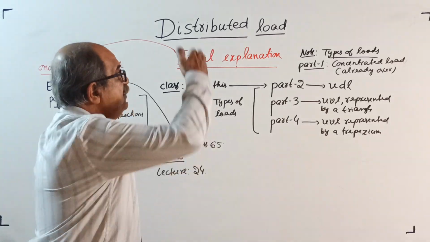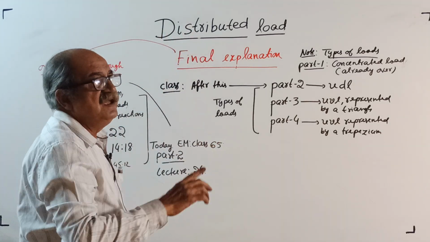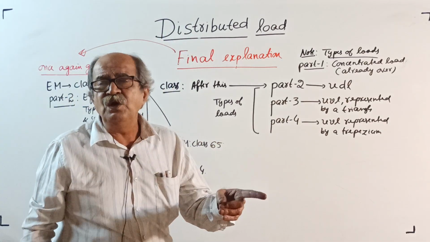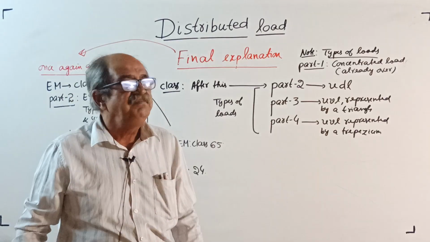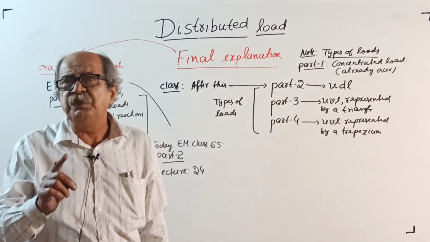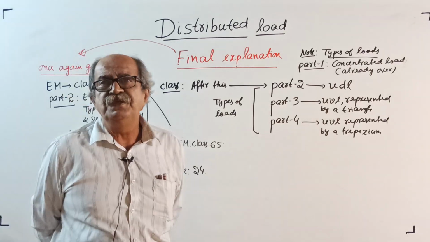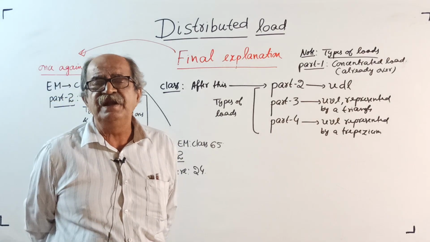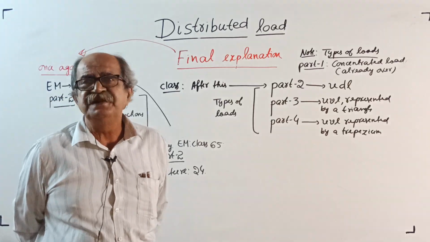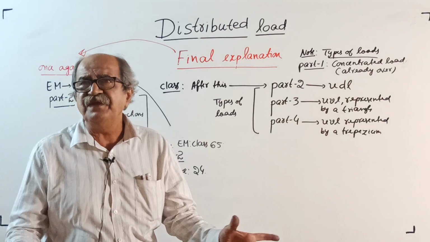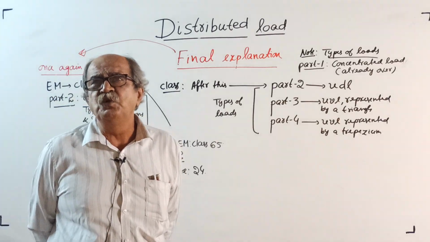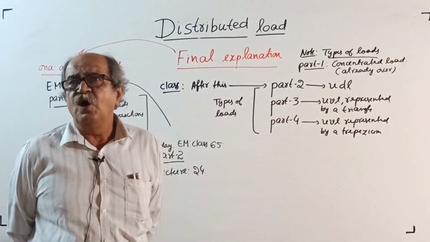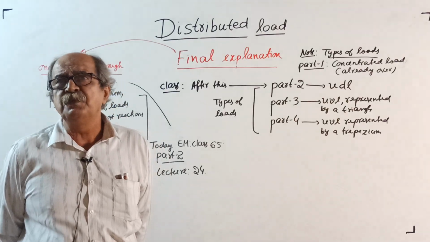In case of distributed load, we always define it by intensity. Intensity is the load per unit length. If it is UDL, intensity is constant. If it is UVL, intensity will vary. Whatever it is, we define it by intensity, for example w per unit length, or numerically kilonewton per meter.